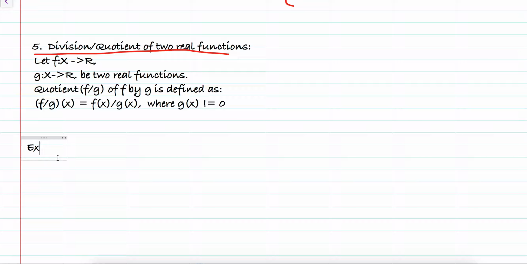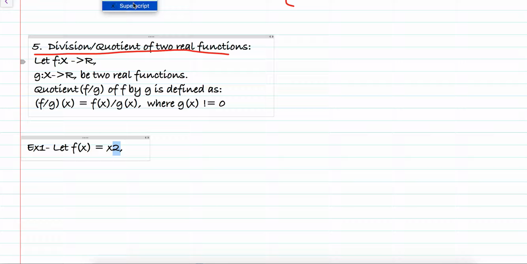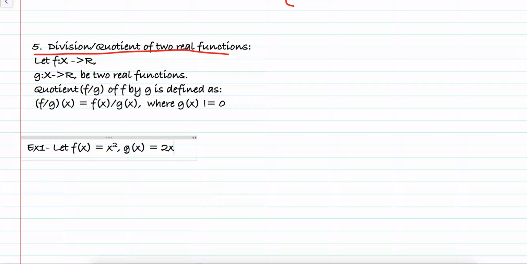So our first example is, let f(x) is x square and g(x) is equal to 2x plus 1. So these two are real functions.